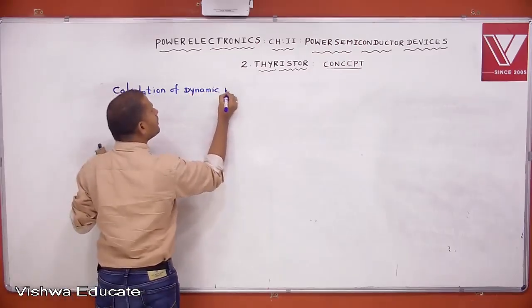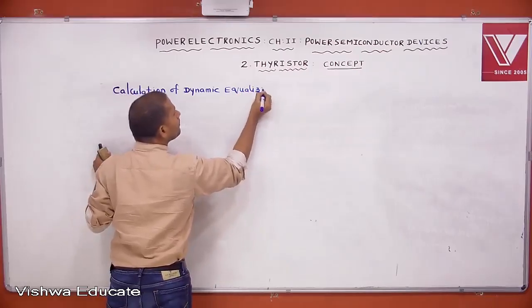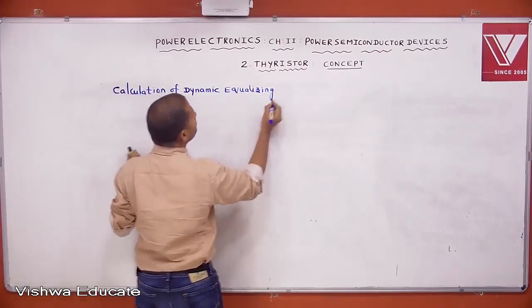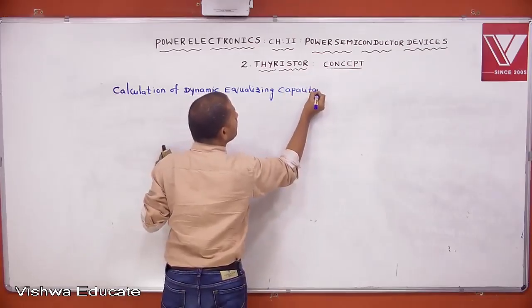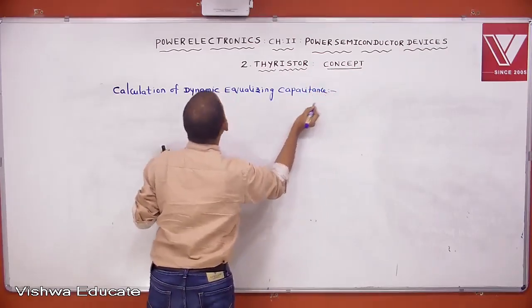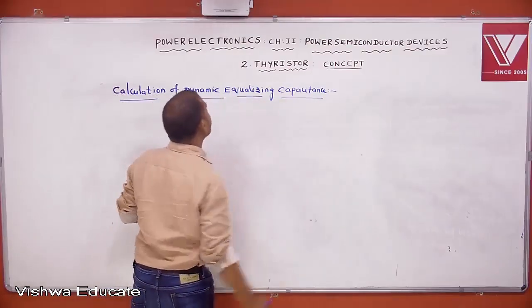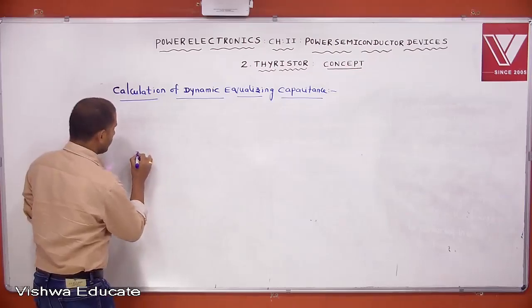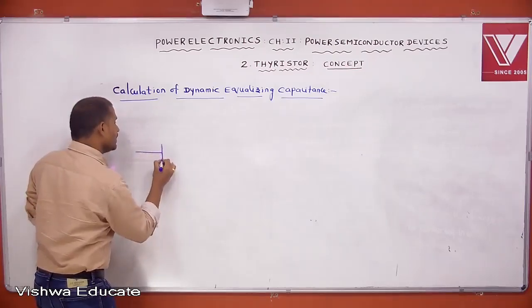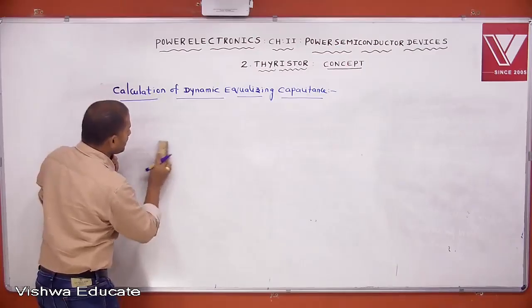An RC combination across the thyristor is called dynamic equalizing circuit.